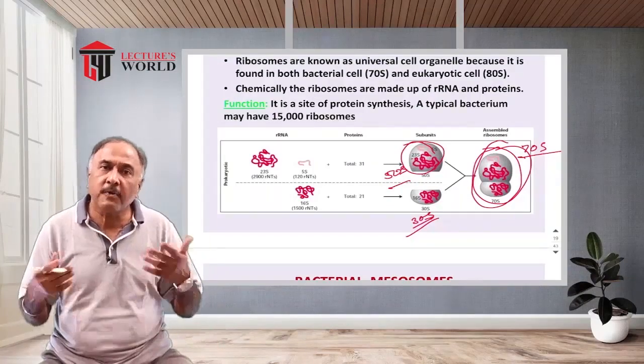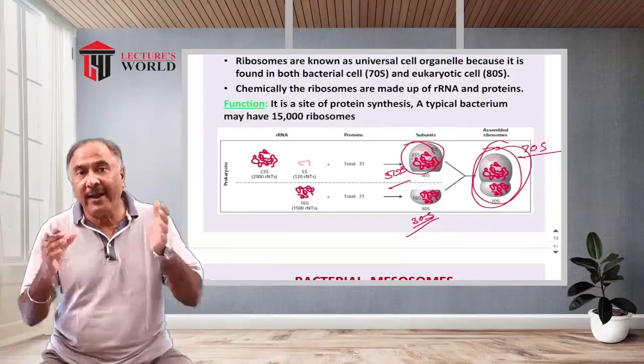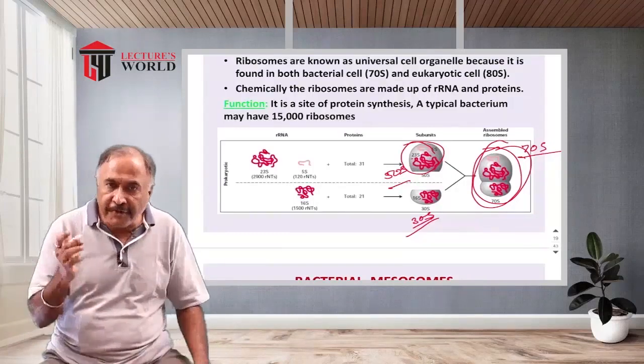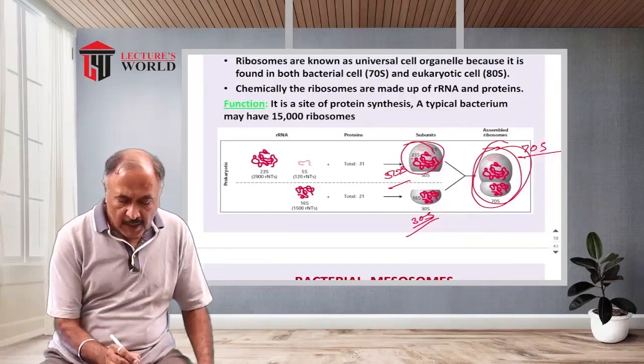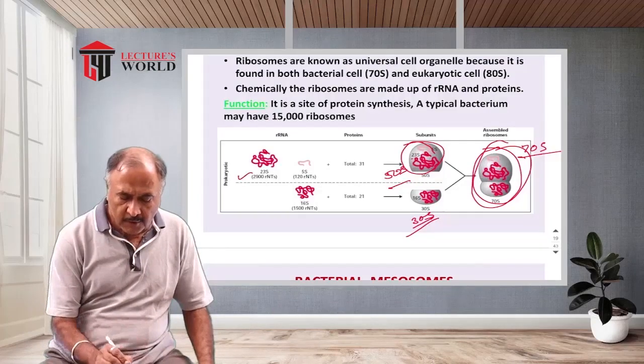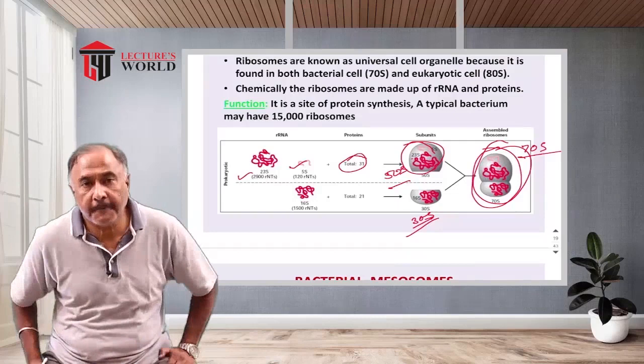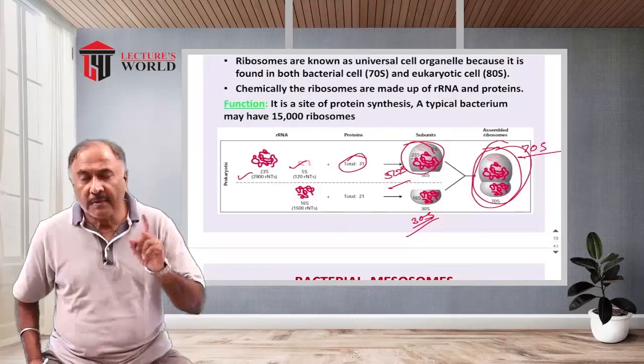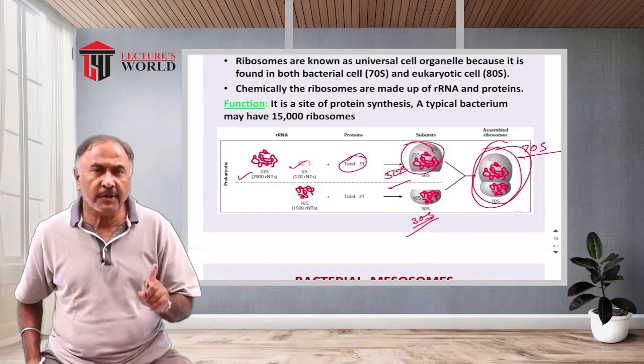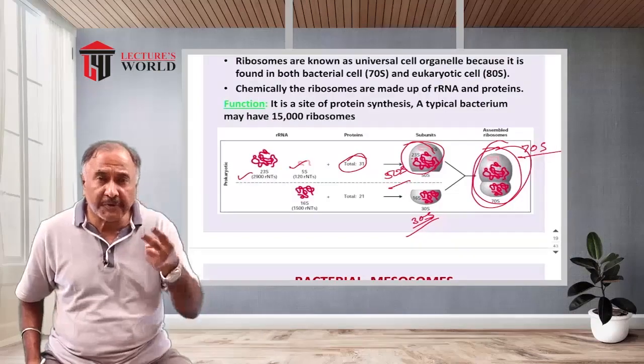Now, this larger subunit, which is of 50S, what is it? Ribosomes are made up of protein and RNA. So, which different types of proteins are there? There are these two types of RNA and 31 different types of protein. Remember, 31 different types of proteins plus two different types of RNA.